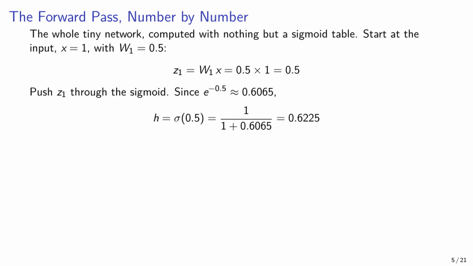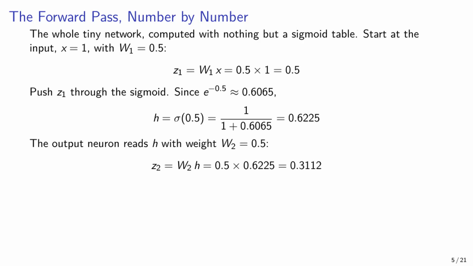Push that through the sigmoid. Since e to the minus 0.5 is about 0.6065, the hidden value is 1 over 1 plus that, which comes out to 0.6225. The output neuron reads the hidden value with its own weight, also 0.5.